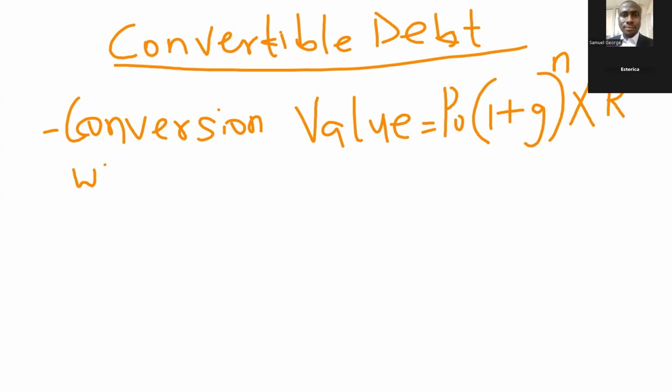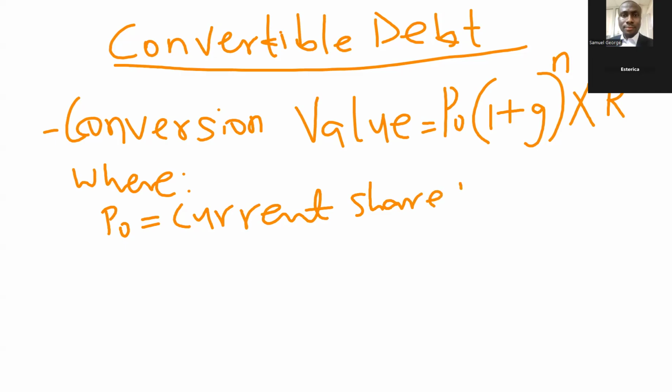P0 is the current share price, the current share price of the company in the market.